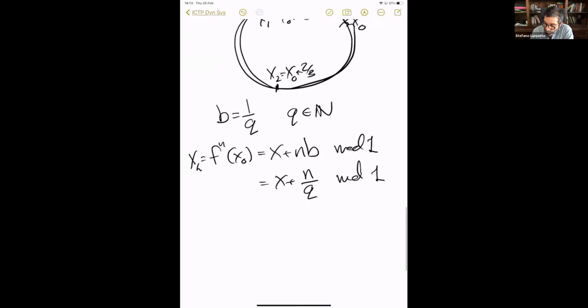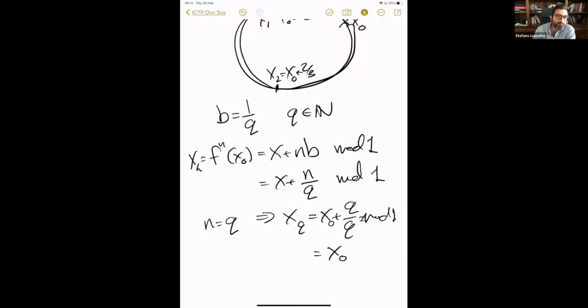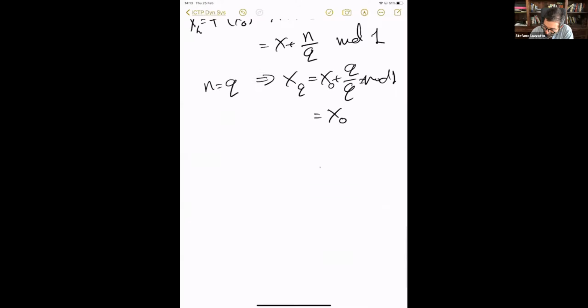So if n is equal to q, then this means that x_q is equal to x plus q/q mod 1, which is equal to x naught. Right? So every point is periodic.